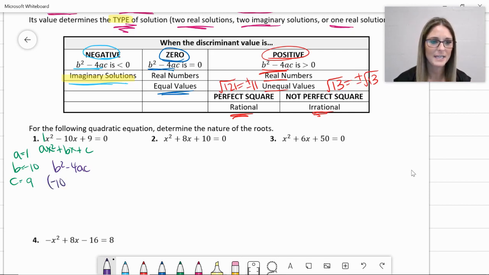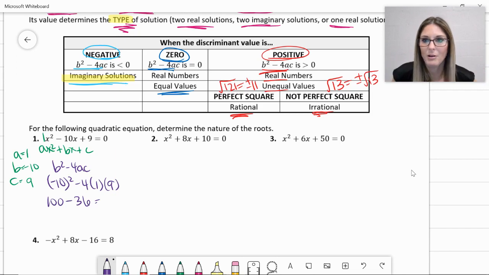So if I have negative 10 squared minus 4ac, that's going to give me negative 10 squared is 100 minus 36. I can already stop. I know 100 minus 36 is going to be a positive number, but it is 64.